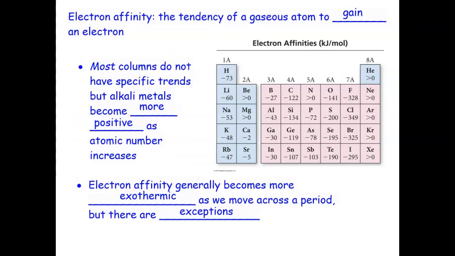So I want to touch on 2 more periodic trends. Don't want to spend a lot of time on either one of these. Electron affinity is the tendency of a gaseous atom to gain an electron and become a -1 anion. That's not the same as electronegativity, which only happens when there are bonds between atoms. So most columns, it's a little vague, but there are some trends.